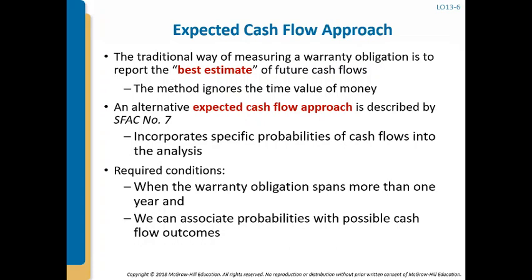Here we ignore the time value of money, the traditional way that we just saw, but the expected cash flow approach, which I think we've looked at before, incorporates not only probabilities of cash flows, but also time value of money principles as well.